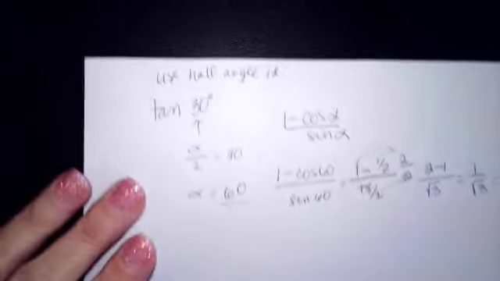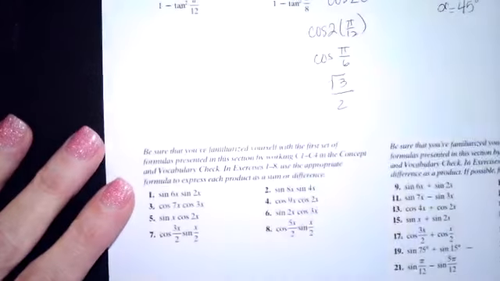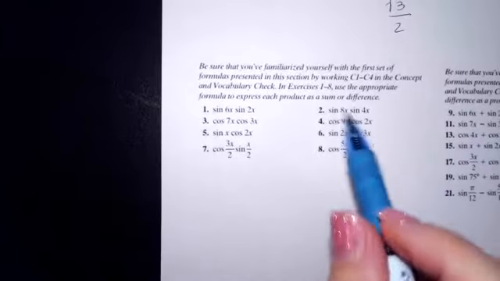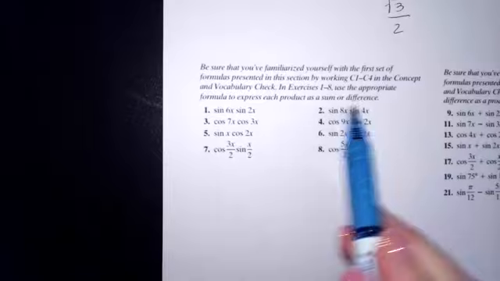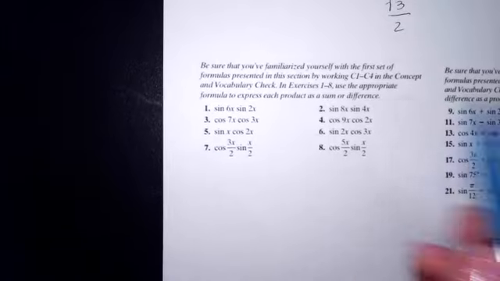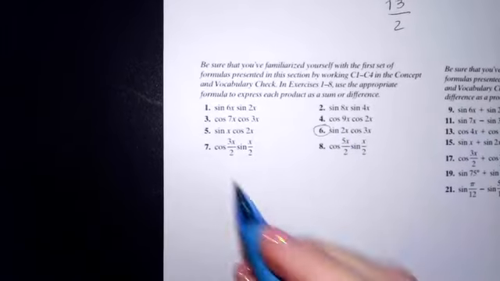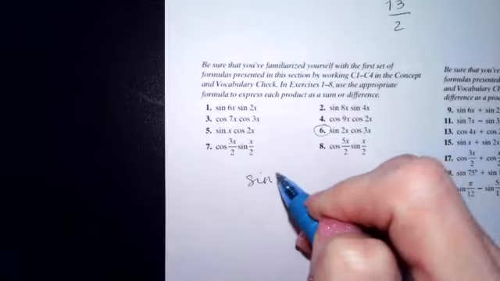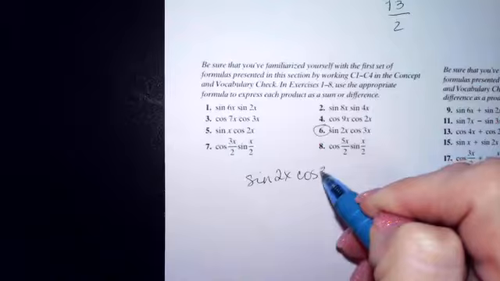Okay, and then last but not least, we've got 5-4. And for these, we are expressing the product as a sum or difference. So let's just go with number 6. I've got sine of 2x cosine of 3x.